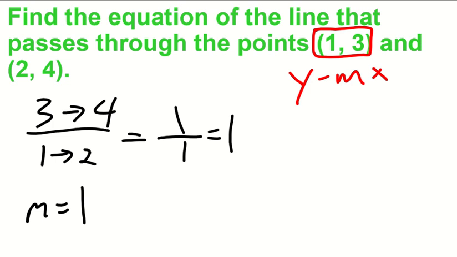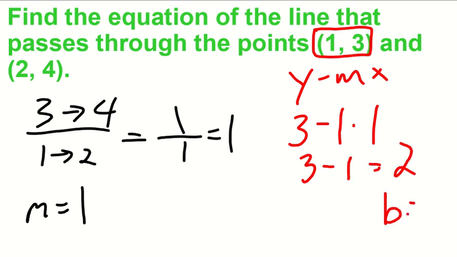What's the y value? 3. What did we say the slope was? 1. So we put 1 in for m. What's the x value? 1. Now we do the math. 1 times 1 is? 1. So we got 3 minus 1, that's 2. So my y-intercept value is 2.